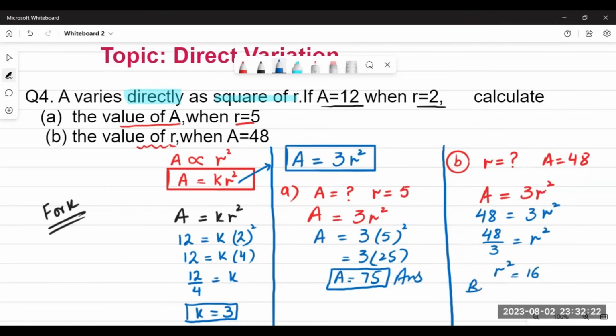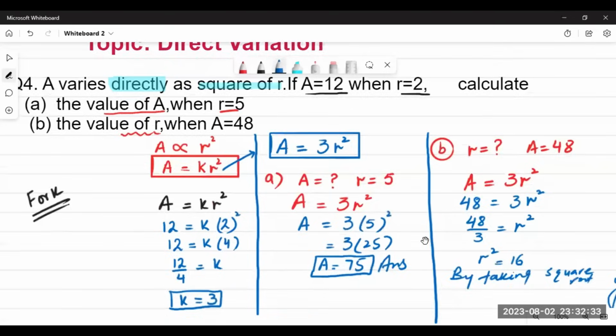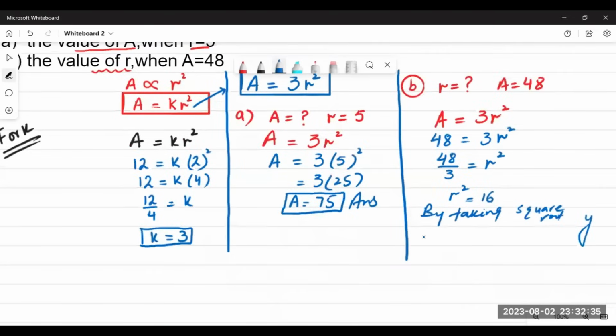By taking the square root on both sides. The square root of R squared is equal to the square root of 16, and my answer is R is equal to plus or minus 4. This is your second final answer.